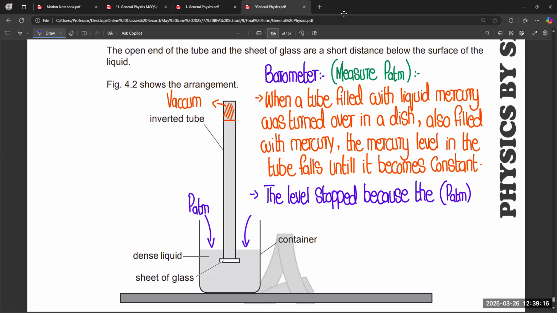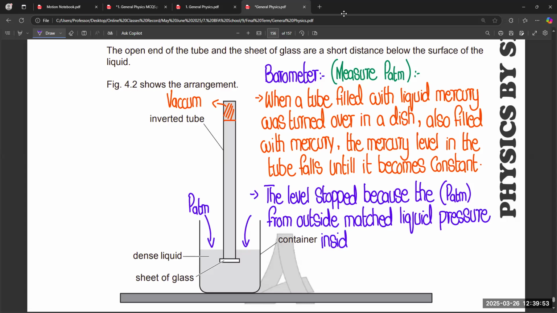That atmospheric pressure from the outside matches the liquid pressure inside the tube, right?